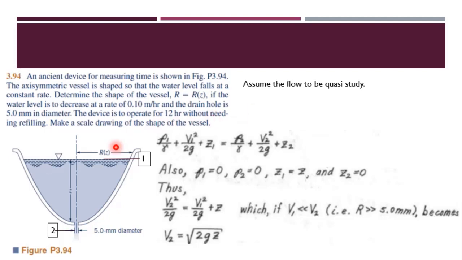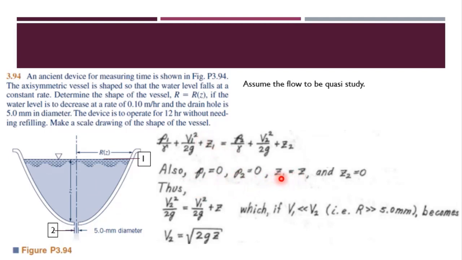We are assuming that points 1 and 2 lie along a streamline. We are assuming this to be inviscid flow, and we are assuming this to be incompressible. This is water, so incompressible is not a wrong assumption over here. Also, since points 1 and 2 both are in the atmosphere, the pressures P1 and P2 in Bernoulli equation are zero gauge.